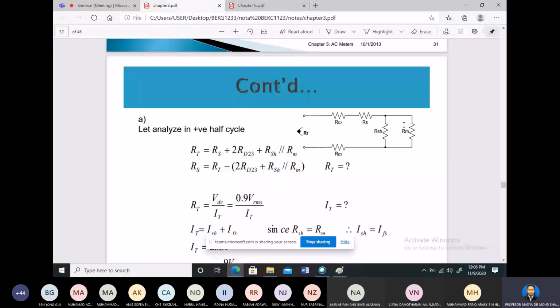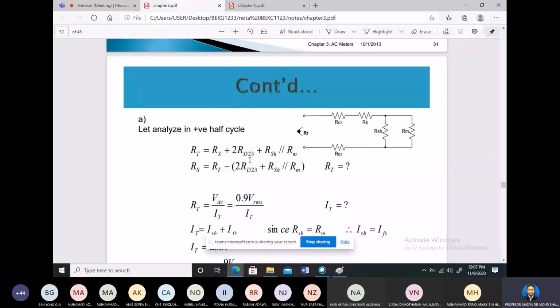That is the formula for parallel, and then plus RS plus RD2 and RD3. Actually RD2 and RD3 are the same, that's why they put the 2. That means it's 50, so 2 multiplied by 50. This is the equation.